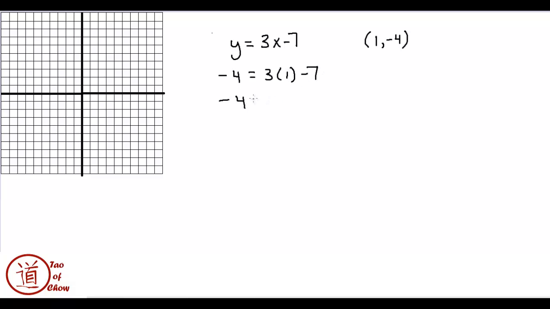You get negative 4 is equal to 3 minus 7, and negative 4 is equal to negative 4. That gives us a check mark. So what we can say is that the point 1, negative 4 satisfies the equation.